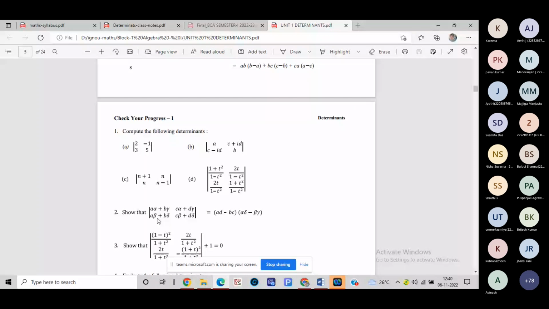After that, you will have 4 terms cancelled together. AC alpha beta with minus AC alpha beta. Second one, BD gamma delta and plus BD gamma delta will be cancelled together. That step is over.